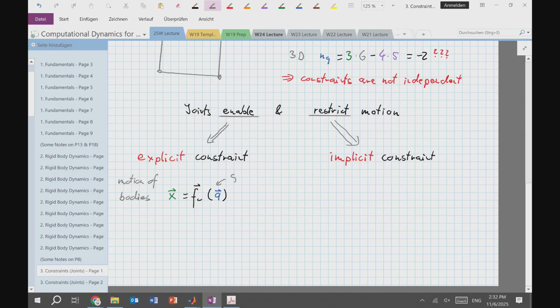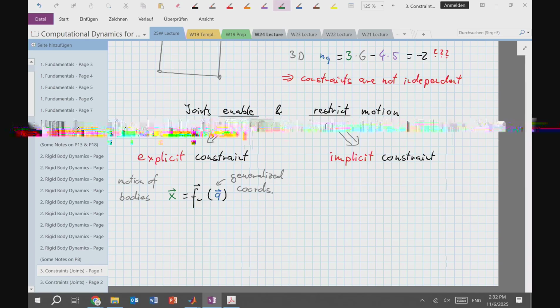So these are the generalized coordinates. That is q, and x describes the motion of my bodies.